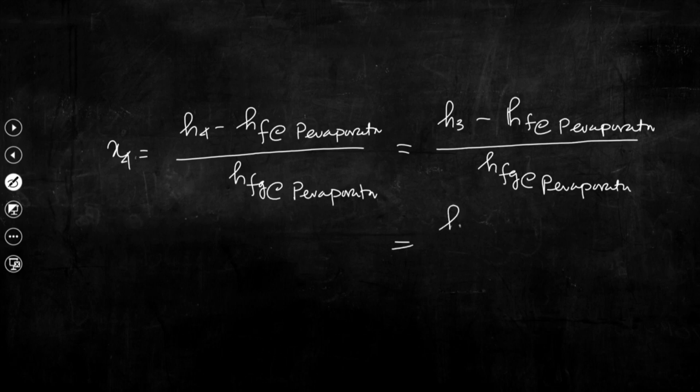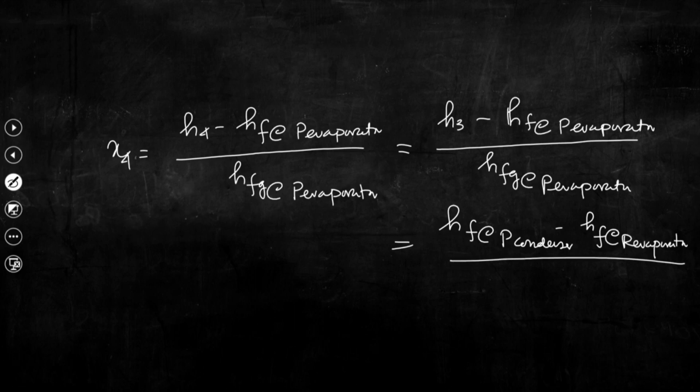So, this is HF at P condenser minus HF at P evaporator divided by HFG at P evaporator.